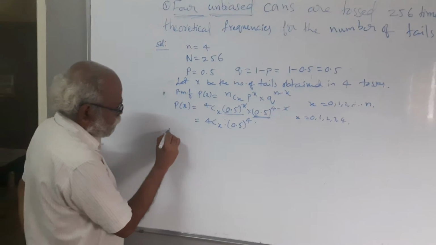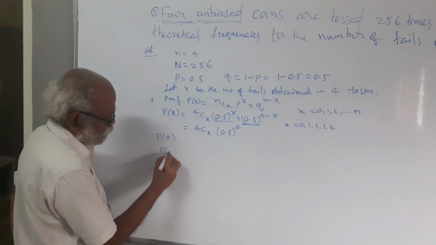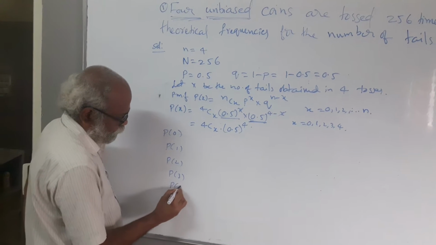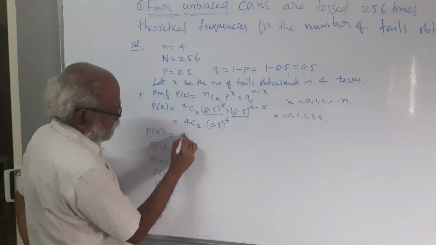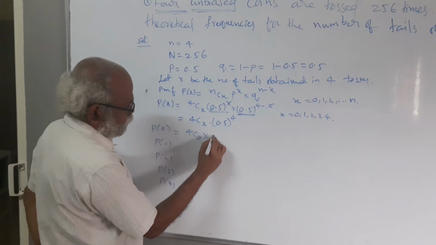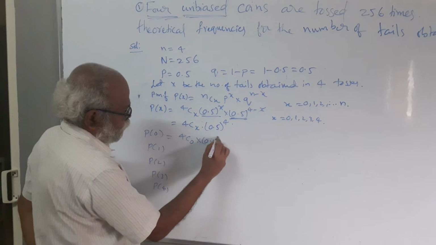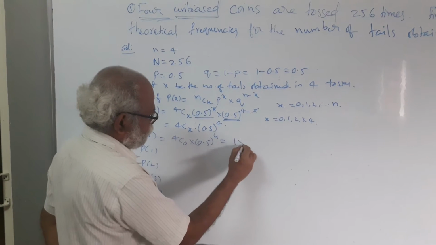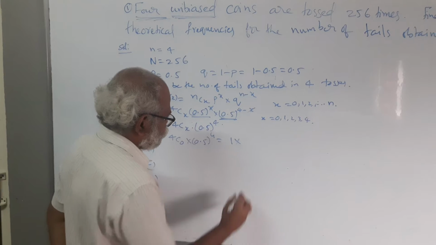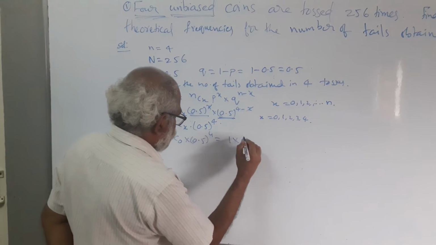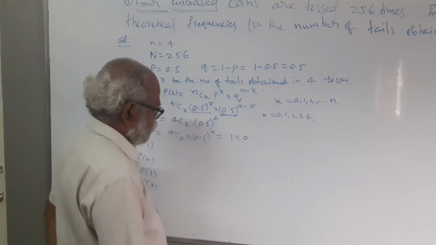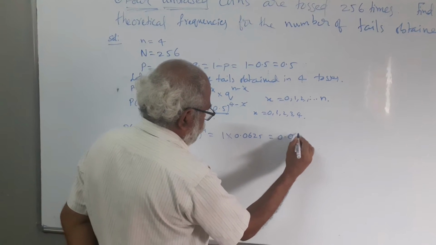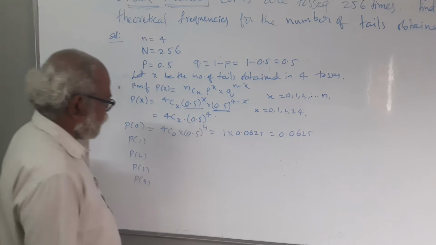Now we find the probabilities P0, P1, P2, P3, P4. That is 4C0 into 0.5 raised to 4. 4C0 is 1, so 1 into 0.0625. 0.0625 is the probability.